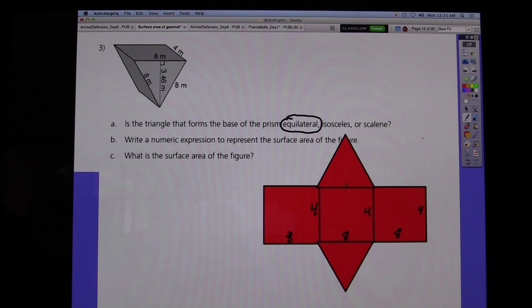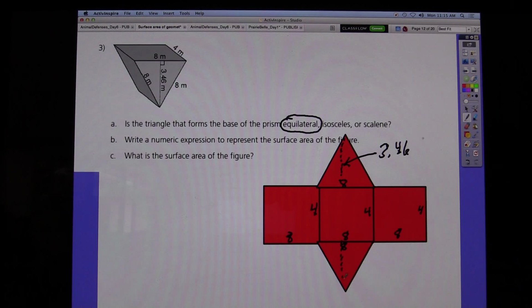Now, the dimensions for my triangles that I need to pay attention to, I have to have the base, which is 8, and the height, which is 3.46. So the height is what I really need to focus on, not the side lengths here. So this is going to be 3.46 meters. And then here will be 8.